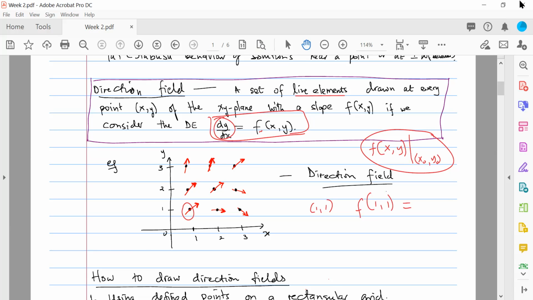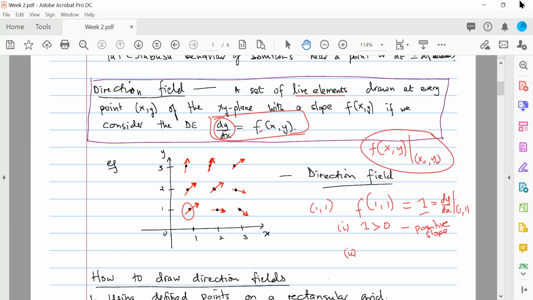Let's say f(1, 1) is equal to 1. This is basically the derivative evaluated at the point (1, 1), so this is the slope at (1, 1). There are two things to talk about with this slope. One, the slope 1 itself: 1 is a positive number, 1 is greater than 0, so we have a positive slope.